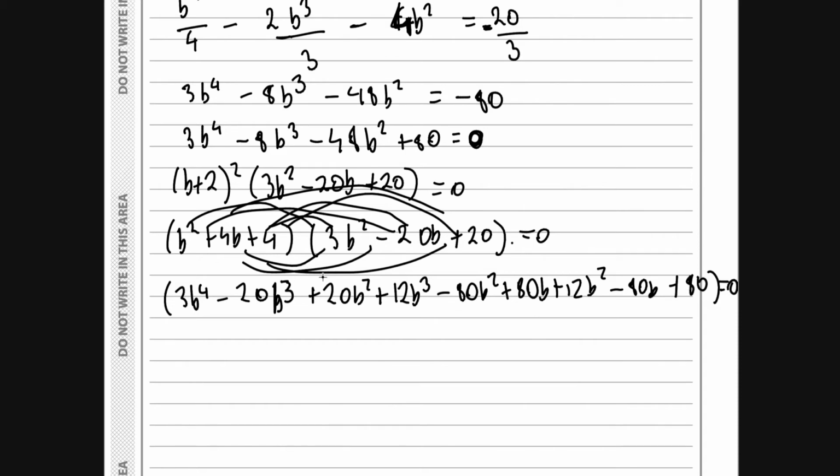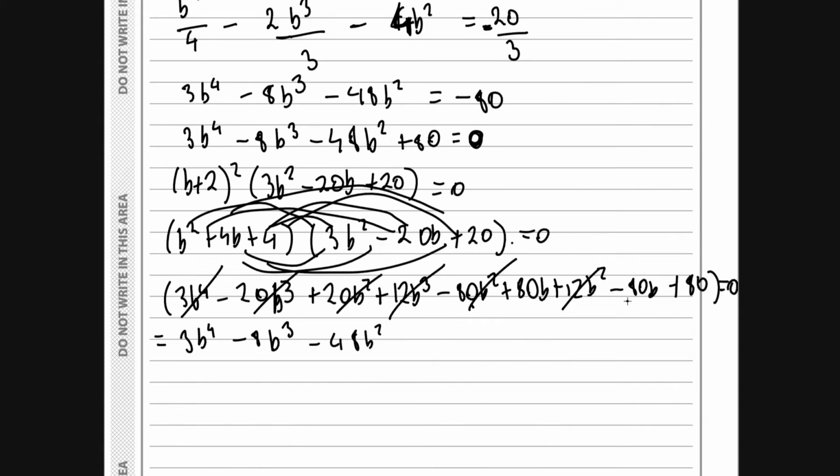And now we're just going to tidy this up. What we'll get from that is that 3b to the 4 remains. I'm going to gather and collect all the cubic terms, so we get here minus 8b cubed. I'm going to gather all these square terms, and that works out to minus 48b squared.